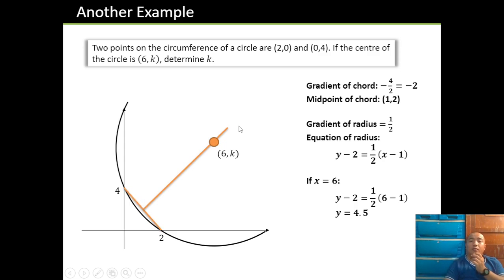Negative 2, so the gradient of the radius is 1 half, the negative reciprocal of negative 2. So what is now the equation of the radius? y minus 2 is equal to 1 half times x minus 1, using the midpoint and the gradient, 1 half. So this is now the equation.